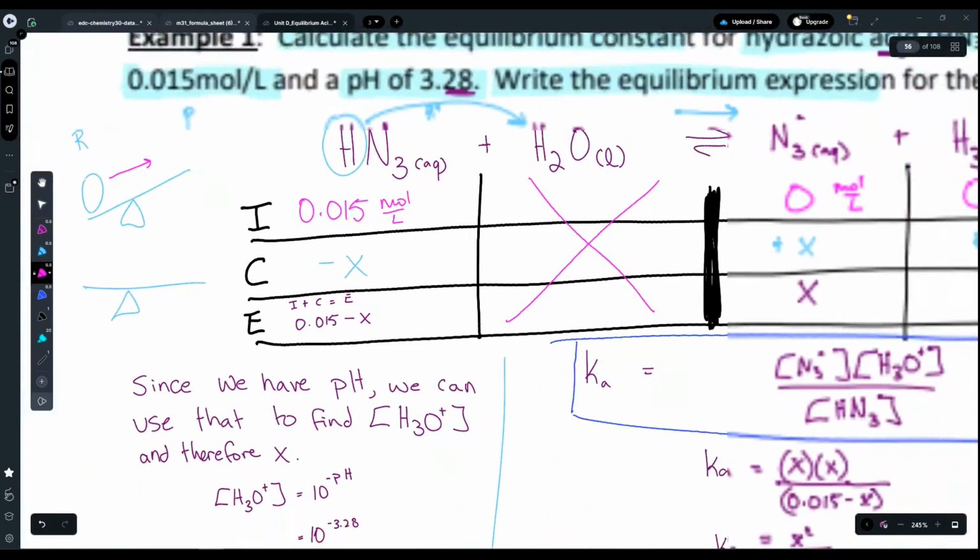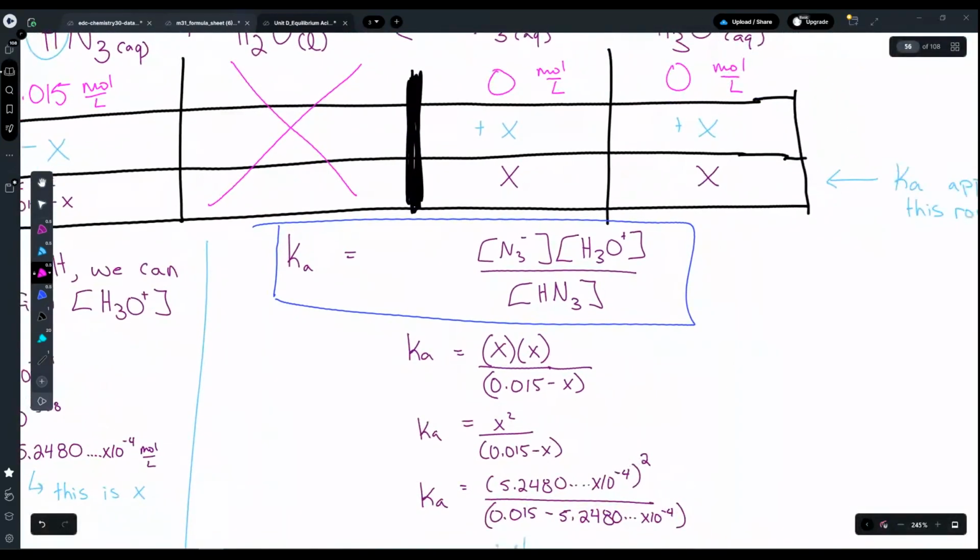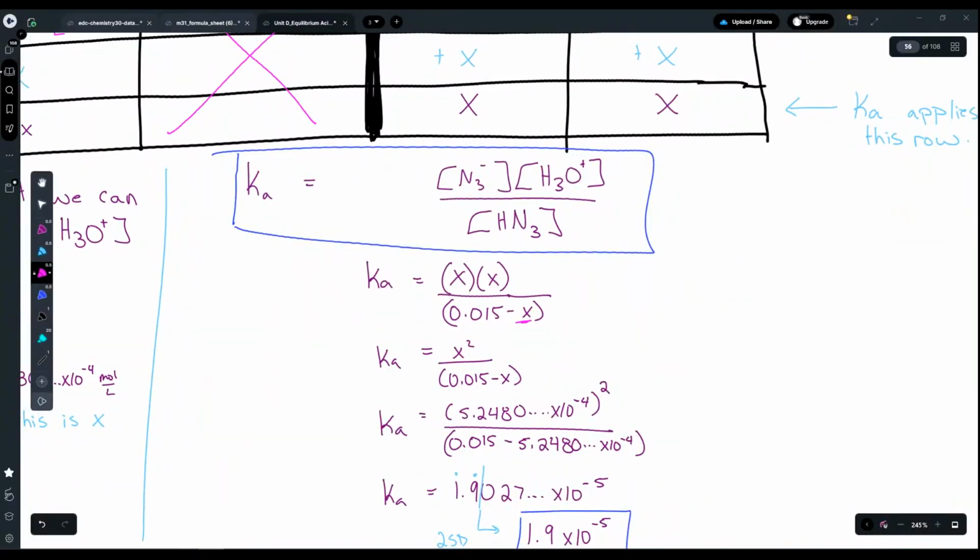In other words, include it in your equilibrium law expression. So include it here. When you are trying to find Ka or Kb for a weak acid or a weak base, include this minus x in the equilibrium law expression when you're substituting in your equilibrium values.